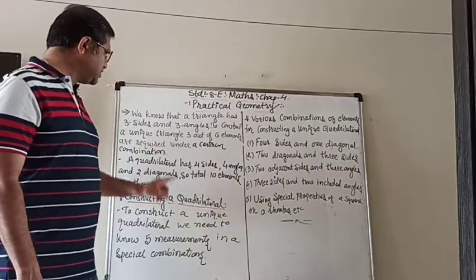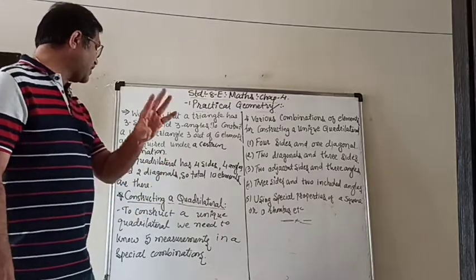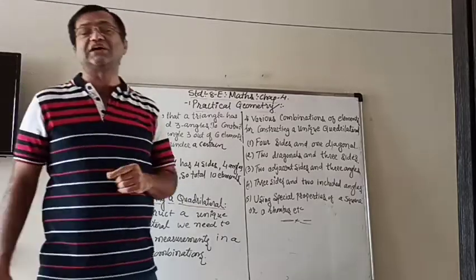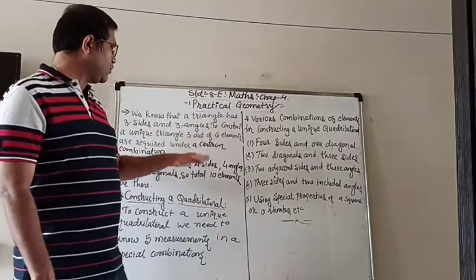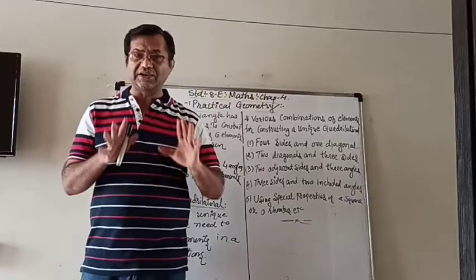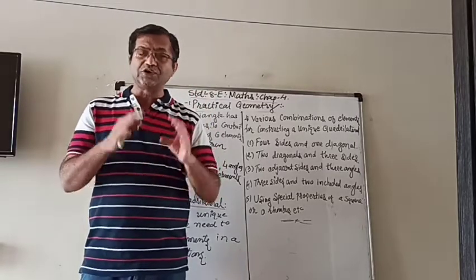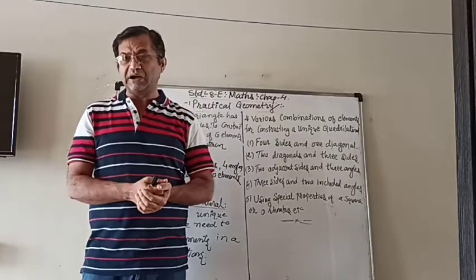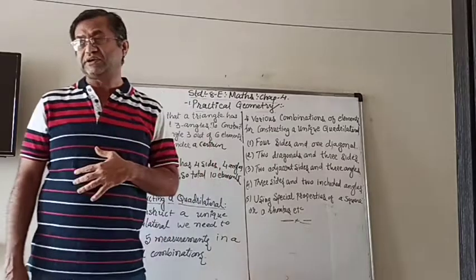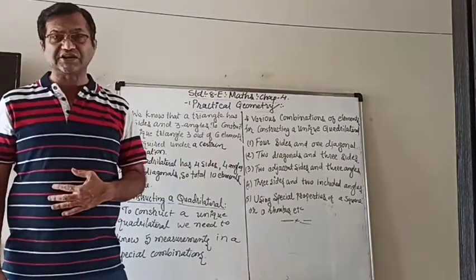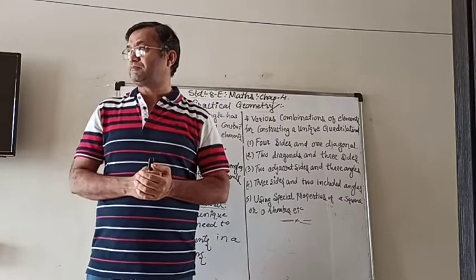To construct a unique quadrilateral, we need to know 5 measurements in a special combination. So as we talked, they have how many? 10 elements. Quadrilateral has 10 elements. But out of 10, we don't need all of the 10. But 5 measurements are necessary. And not any 5, as I told you. With some special combination.